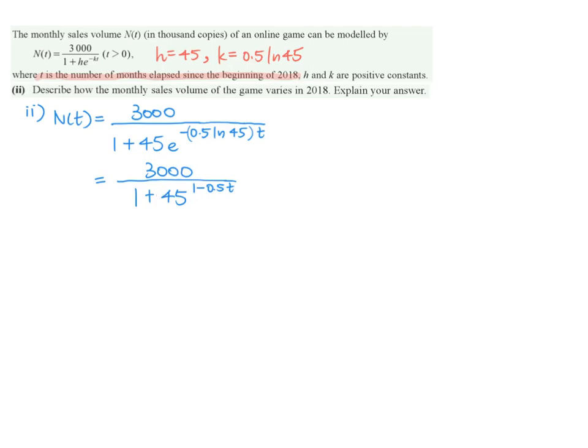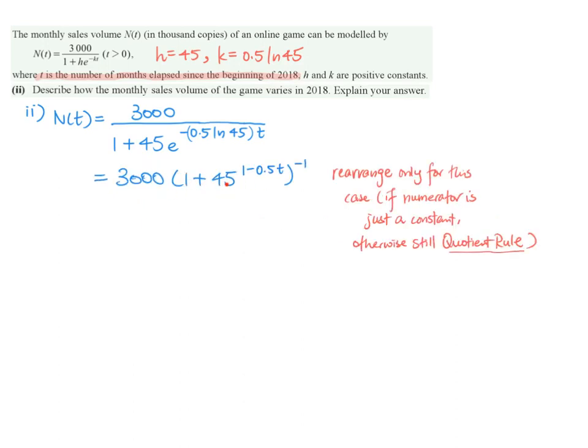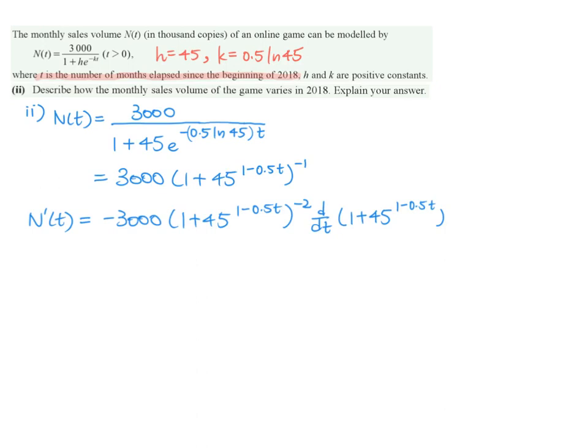Then I could start taking the derivative. Now usually when we take the derivative, we see a fraction here, so using the quotient rule is the best. But because this one is just a constant, there's no need to do a quotient rule because it takes more time. So in this case, I'm going to rewrite it like this. Now I take the derivative, -1 to the front, and give this to -1. And then chain rule.